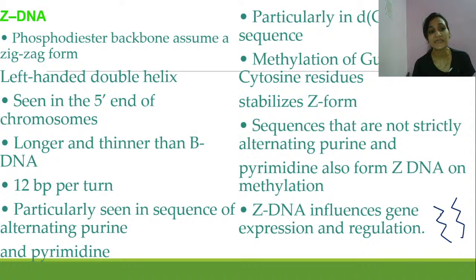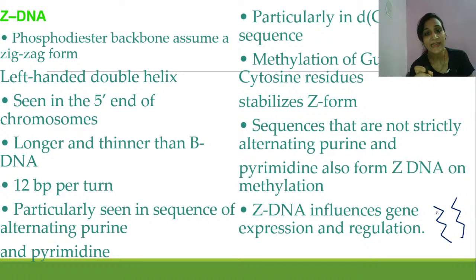So where does the Z structure of DNA actually exist? When we are saying the most prevalent one is bDNA, so where does this Z exist? This is the most important thing.